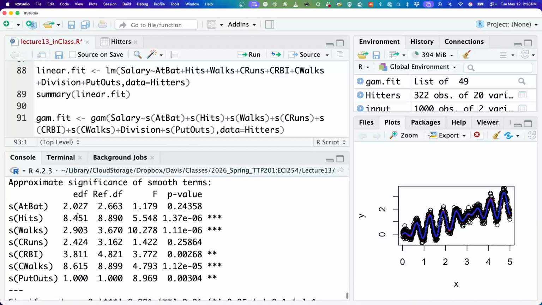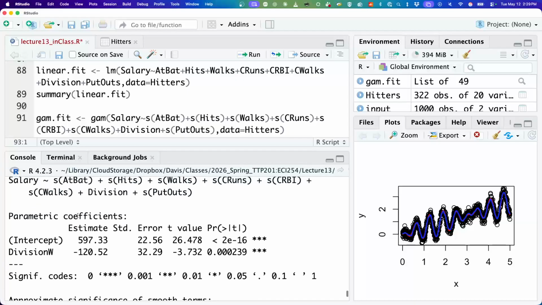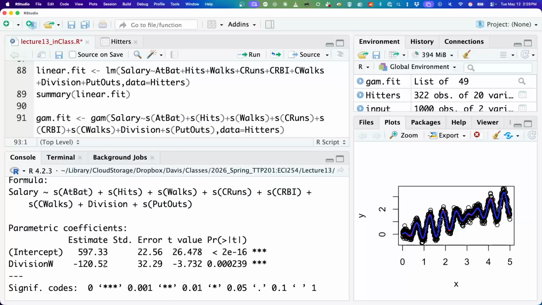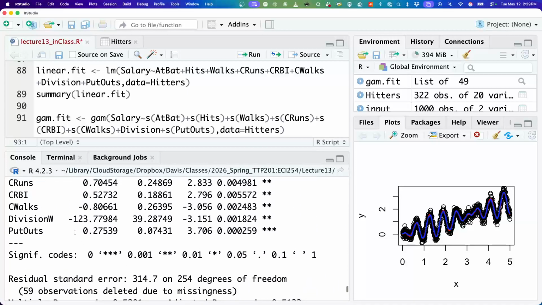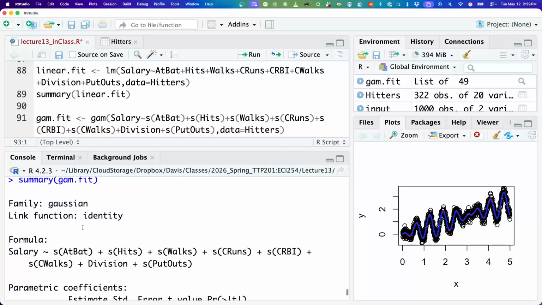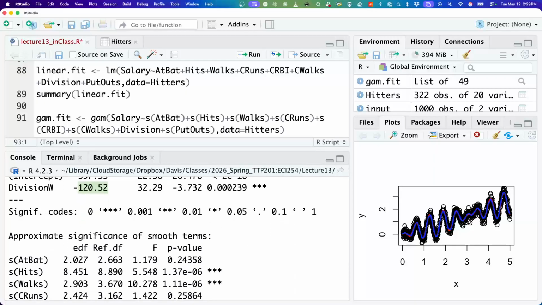They are not interpretable as such. And we still have our parametric coefficients here, the ones that we didn't smooth, so our intercept and our division. The intercept looks pretty different, but the division is actually pretty close to what it was before. Negative 120, so still negative 120 here.